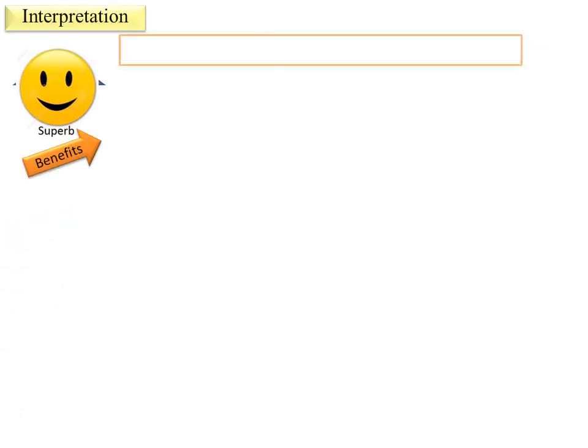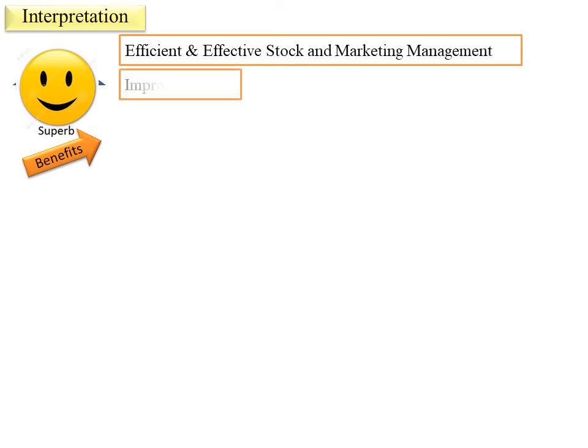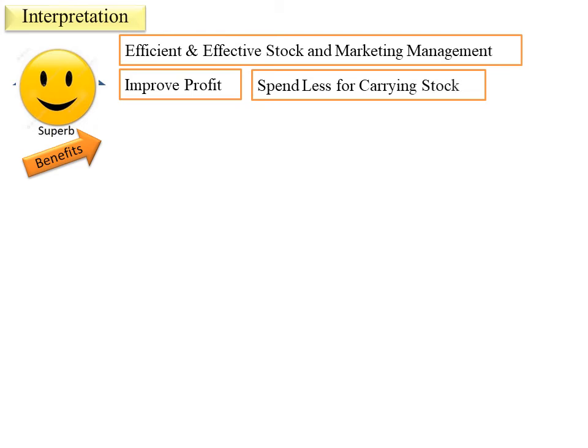If the ratio is high, it is considered a superb or appropriate turnover ratio, as it shows efficient and effective stock and marketing management. A high ratio denotes high profit because such a firm has to spend less on the carrying cost of stock, as the firm is not overbuying. Such a firm is selling everything it produces, as it can fulfill the demand in the market.